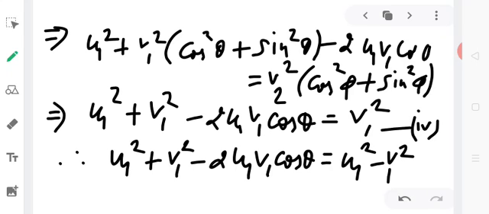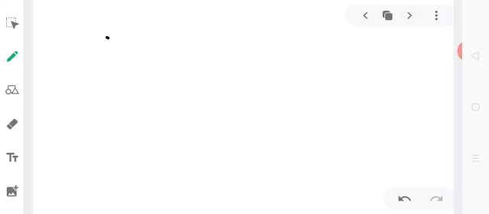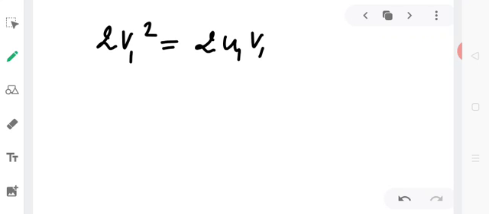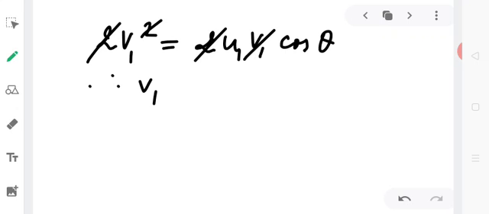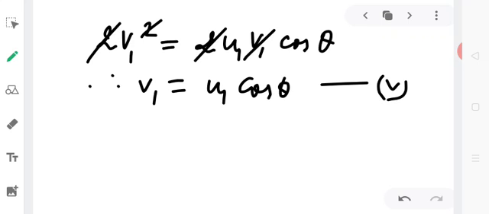This is actually v2 square. So as you can see, we can cancel the term u1 square from both the sides. So hence we get twice v1 square equal to twice u1 v1 cos of theta. So 2 and 2 get cancelled, and you can cancel out one v1. Therefore v1 is equal to u1 cos of theta. Let's mark it as equation number 5.